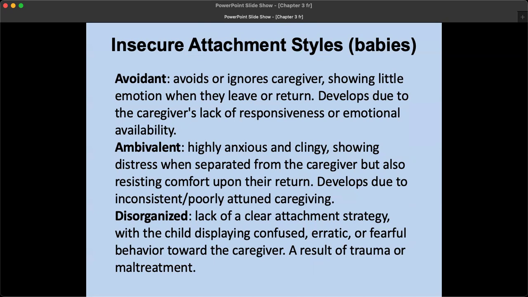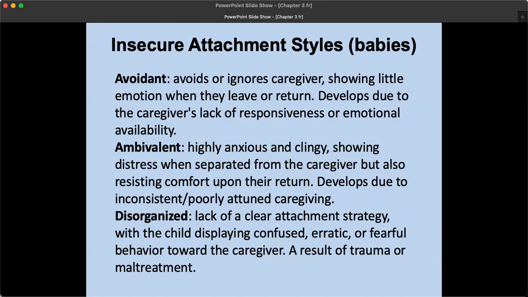The three basic insecure attachment styles that Mary Ainsworth established in babies are avoidant, ambivalent, and disorganized. Avoidant babies just don't show a lot of emotion. They kind of roll with the punches, but in an oddly detached way.